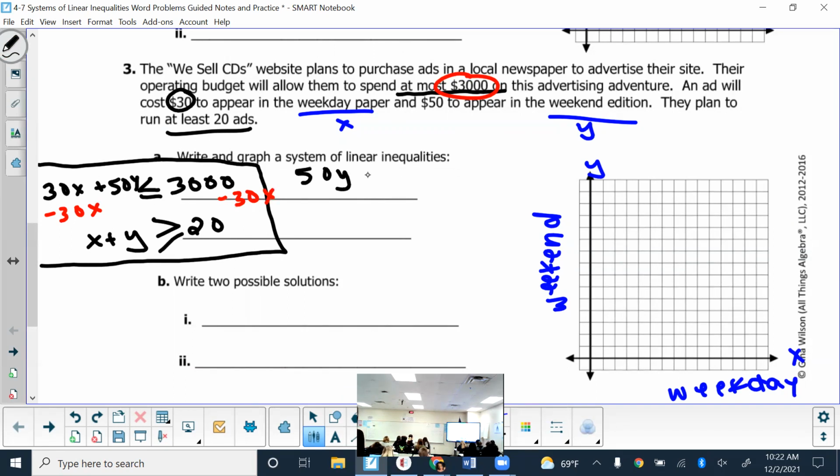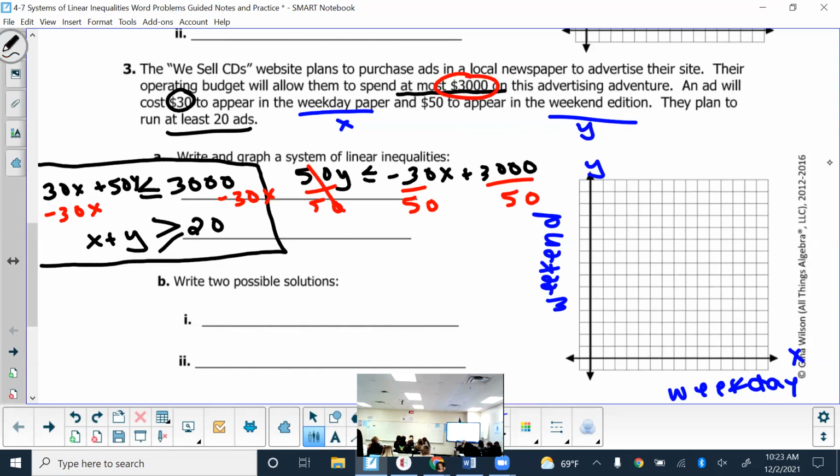So 50y less than or equal to, because you don't flip the sign when you subtract. And what goes on the right side? Plus or minus 3,000? Good, so keep the signs how they were originally. How do you get the y by itself? Good. That's a 50.